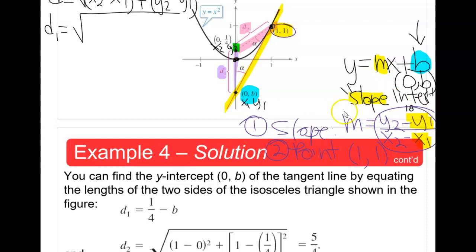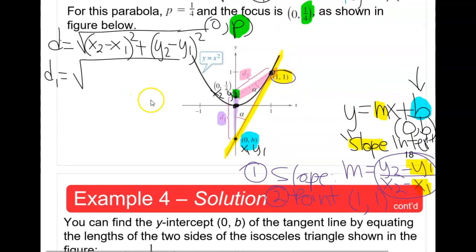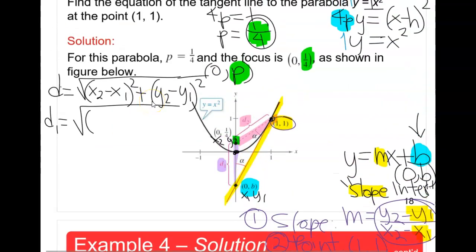So we're going to substitute into the distance formula, and we will get 0 minus 0 squared, and then y sub 2, we have a 1/4, and then minus b.